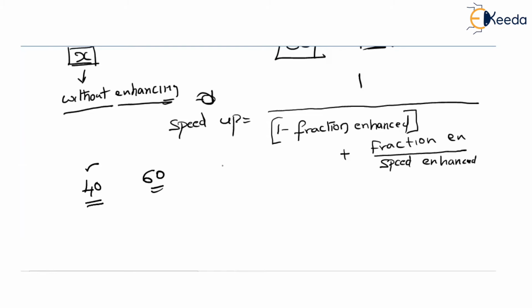But 60% of the instructions cannot get executed any faster even after you implement any techniques. So here 1 minus fraction enhanced is 60%, that is 0.6. This 0.6 rate of instructions can never be improved at all, and 0.4 rate of the instructions can get improved.